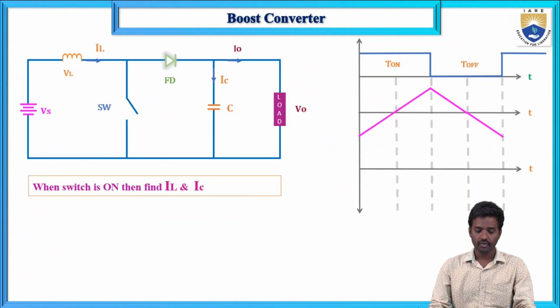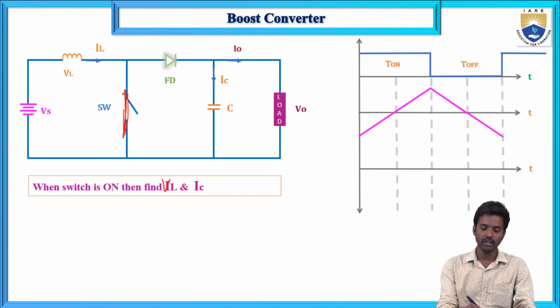First, when the switch is on, calculate the voltage across the inductor and the current flowing through the capacitor. When the switch is on, the switch is closed, that is, a short circuit.